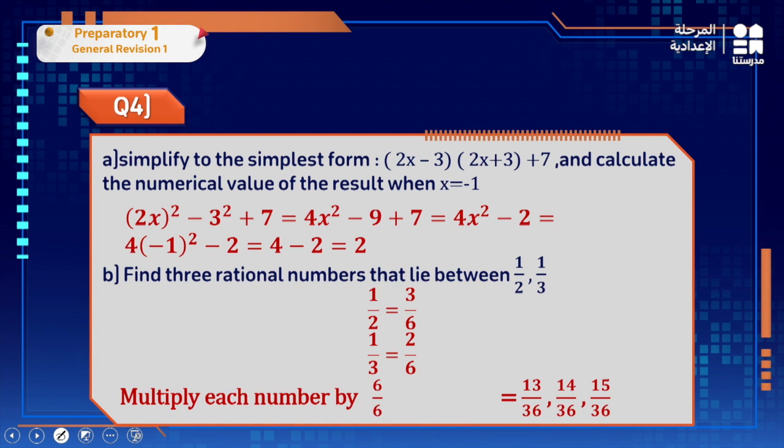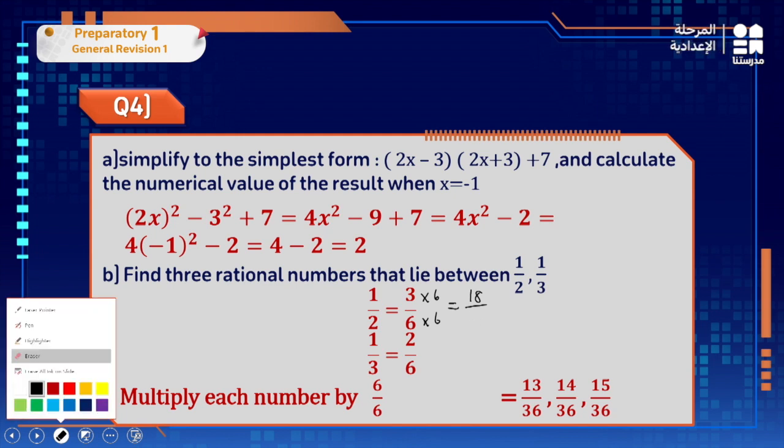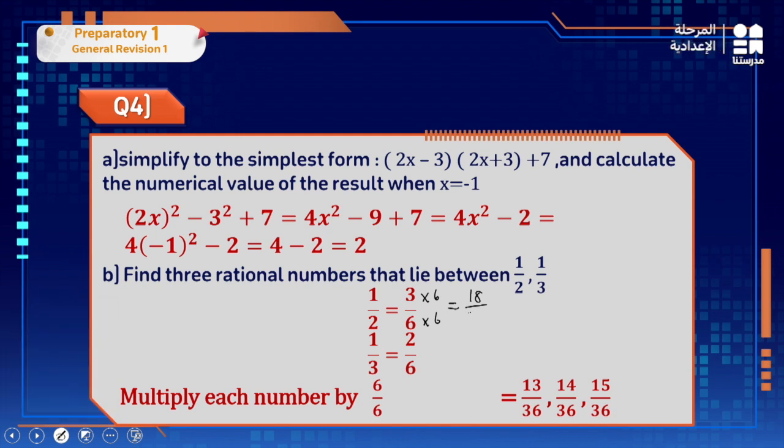It doesn't affect. So I'm going to multiply by 6 over 6 for each number. We will get 18 over 36. And here also we will multiply by 6 over 6.